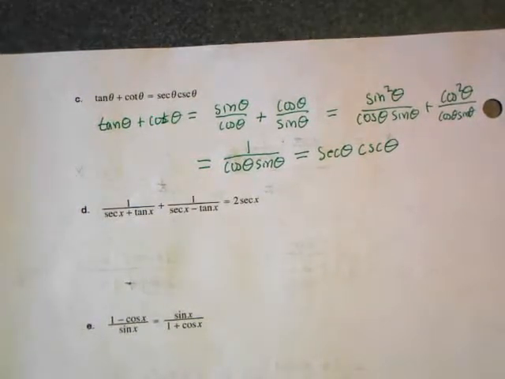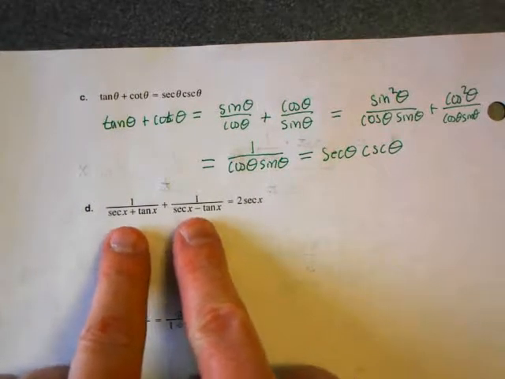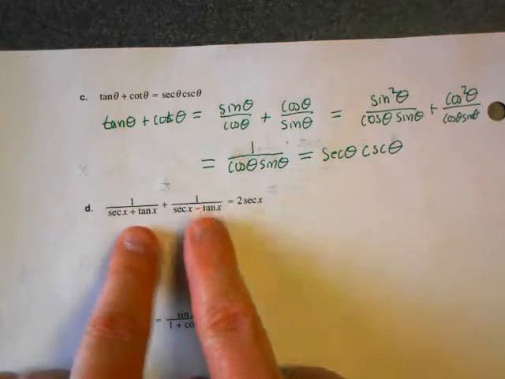D. What do you see on D? Oh, what's it called? Does it start with a C? D starts with a C, yes. You know when it's the same thing except instead of addition, it's subtraction?